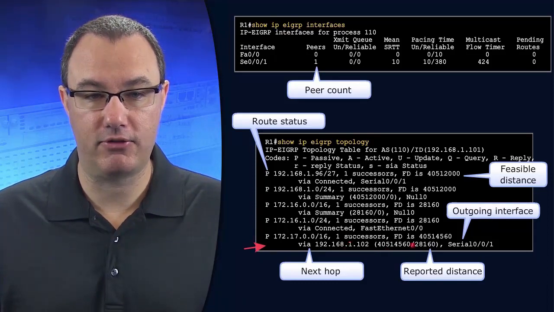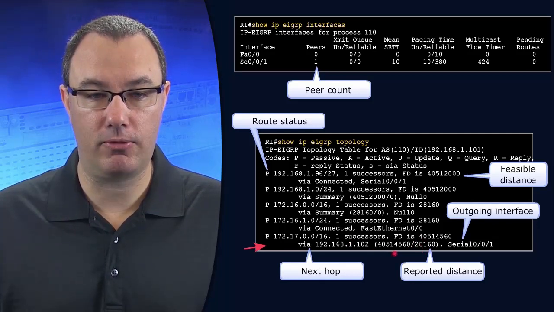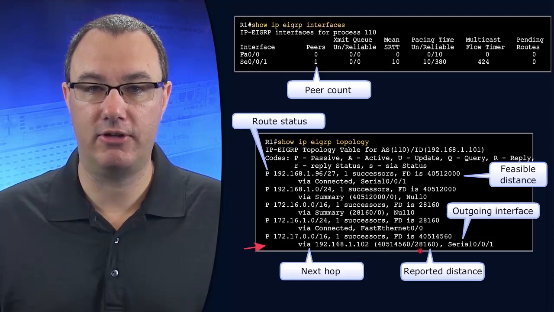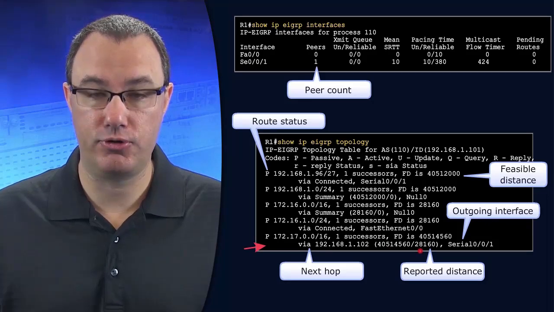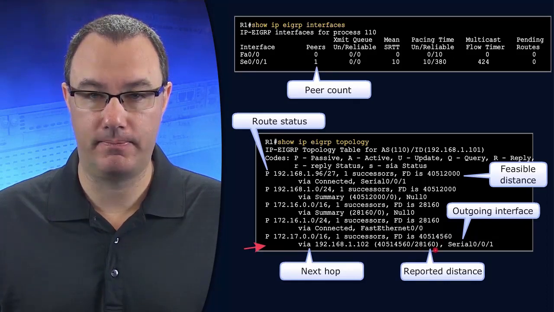We still have successor and feasible distance, but I want you to read this information in the parenthetical. We still see the feasible distance, but then we have the reported distance. That is the metric that our neighbor has to reach that. Now, this is an input to the DUAL algorithm.